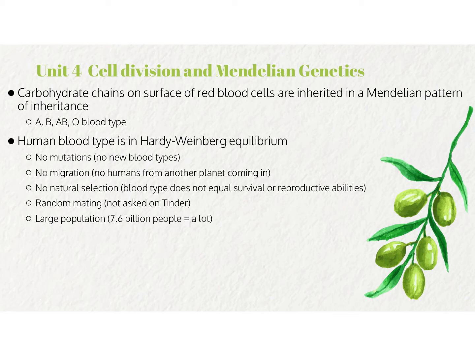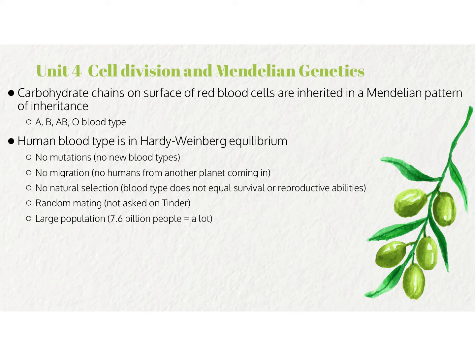And these carbohydrate chains are inherited in Mendelian patterns, meaning that you can use Punnett squares, dihybrid crosses, or even pedigrees to be able to predict the chances of offspring having particular phenotypes.